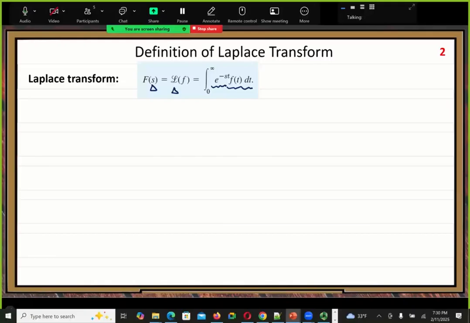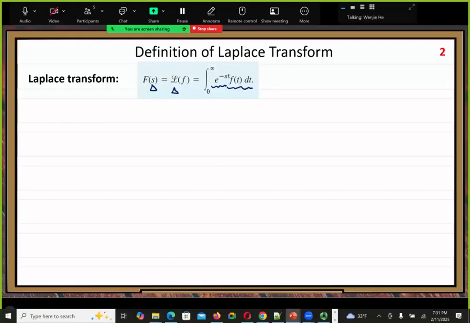So this is the definition of the Laplace transform. Based on this definition, you can derive many special properties of the Laplace transform.